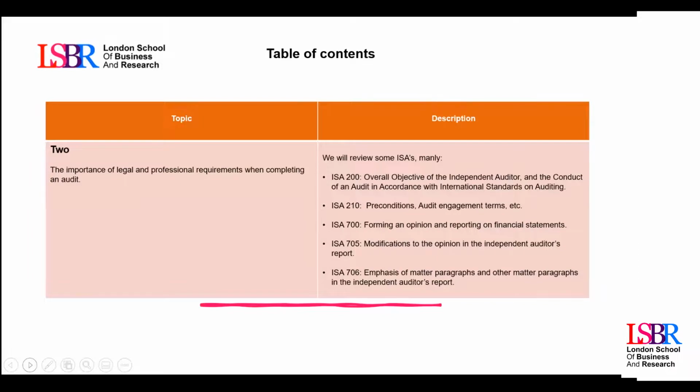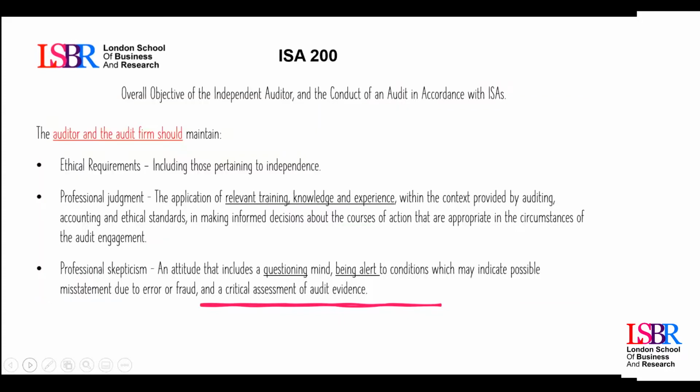And in section number 2, we review some ISAs. ISAs is a name to call the International Standards on Auditing. We review these 5 ISAs, and the objective of an auditor is to maintain ethical requirements and professional judgment.